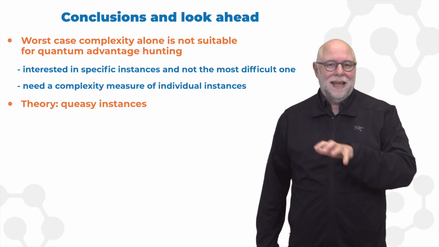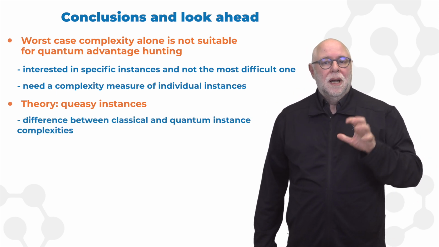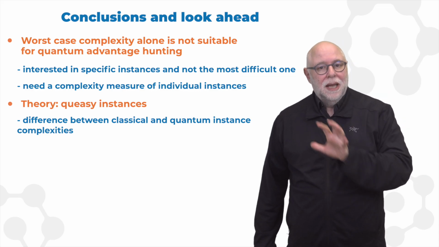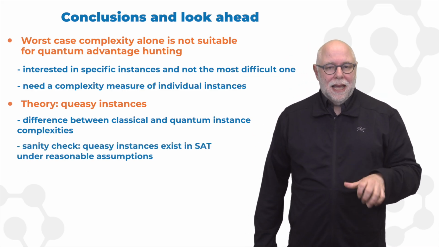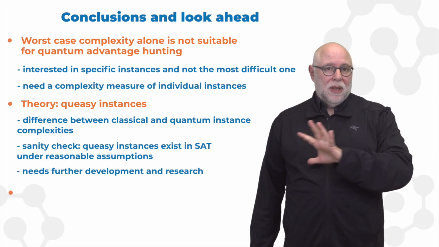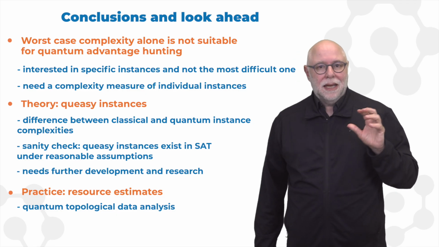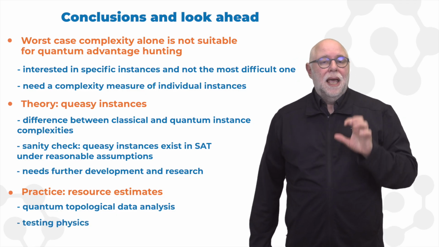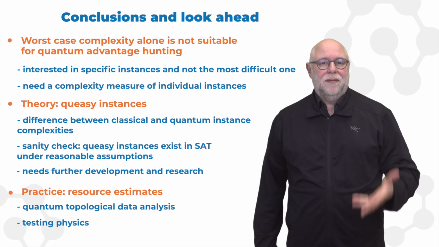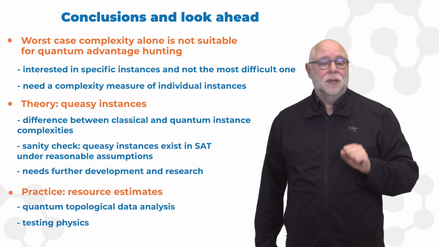Those are instances that are quantum easy, so there is a fast quantum algorithm, but that are classically queasy, so classical algorithms are slow, they feel queasy. In order to work with this notion in practice, we have discussed two problems, that of topological data analysis and that of testing physics, and we saw that these problems inherently have these queasy instances, and we know actually how these queasy instances look like.